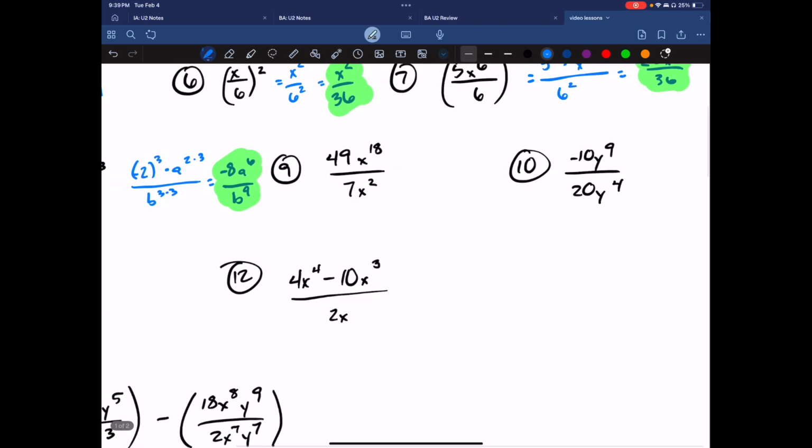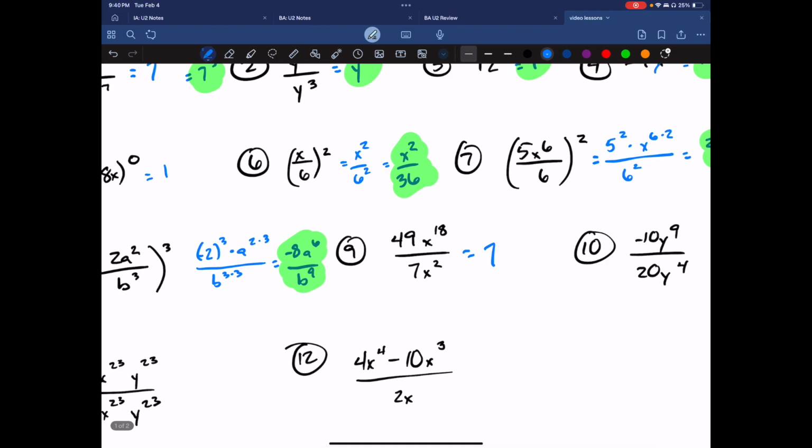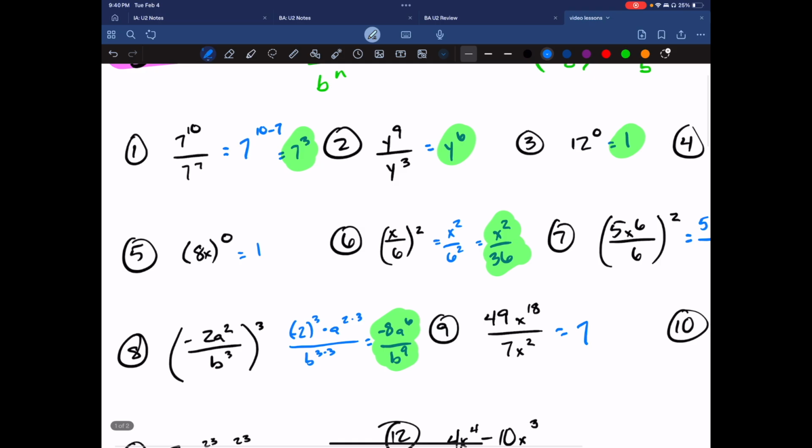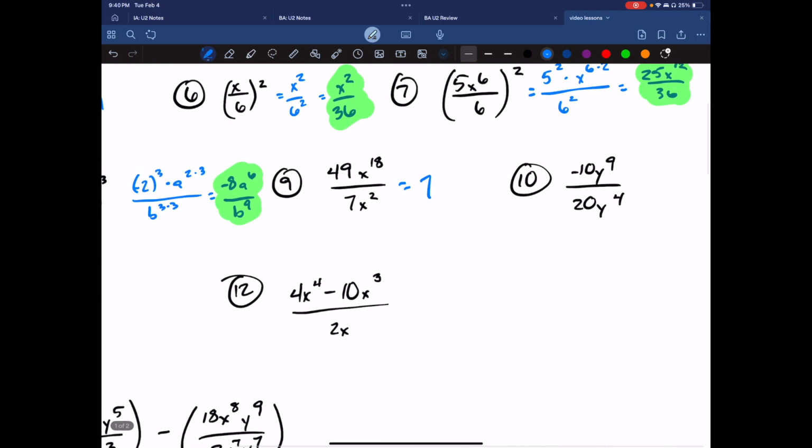Okay. Number 9. All right. Here, I'm not raising any exponents, but I can reduce this. You do your numbers first. What is 49 divided by 7? Well, that's 7. And then x to the 18th over x squared. Well, that's the same thing we did when we started, like number 1 and 2. So subtract 18 minus 2, that's 16. So this is going to be 7x to the 16th.